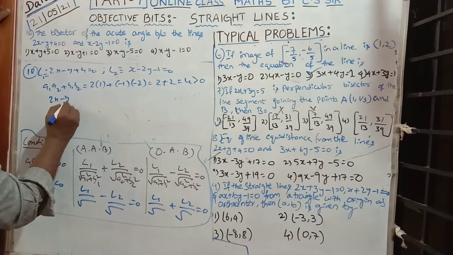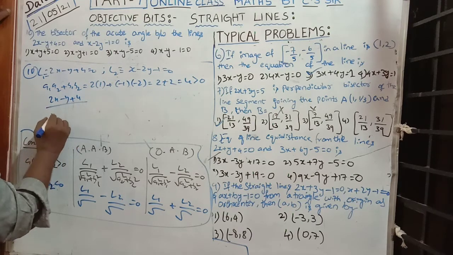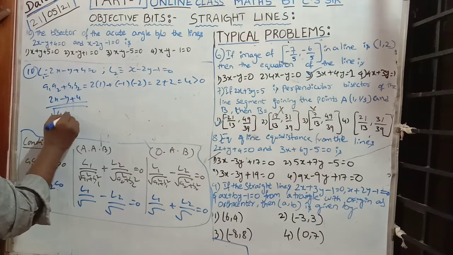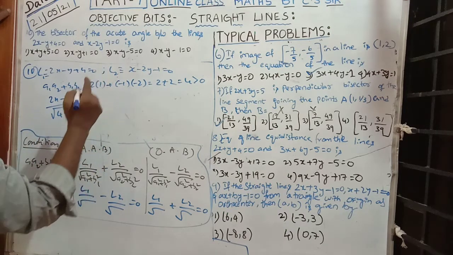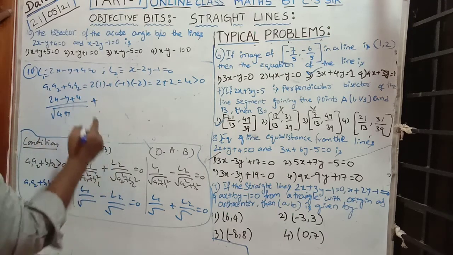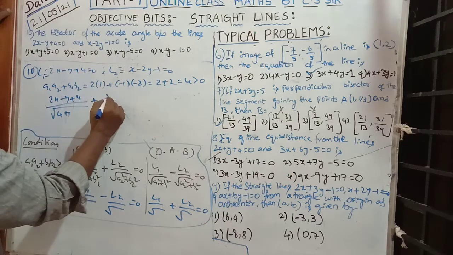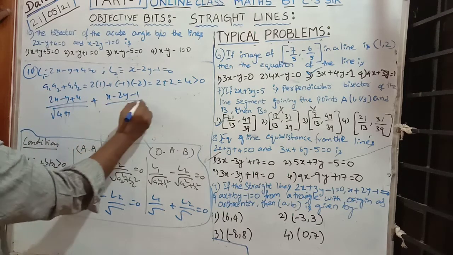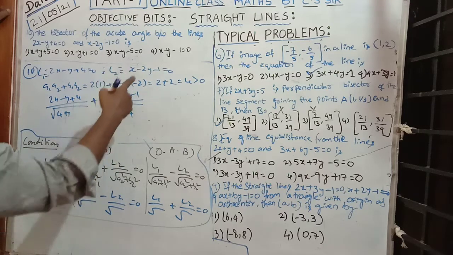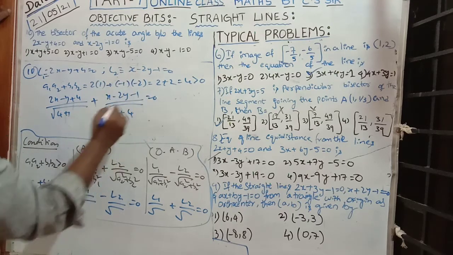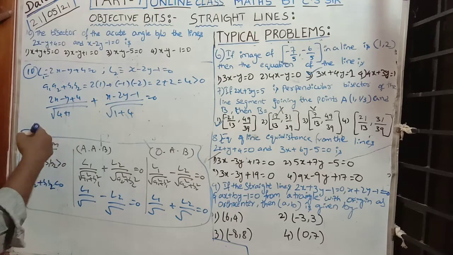That is, (2x minus y plus 4) by root of 2 square plus 1 square, that is root 5, plus (x minus 2y minus 1) by root of 1 square plus 2 square, that is root 5, is equal to 0. So both go to that side.